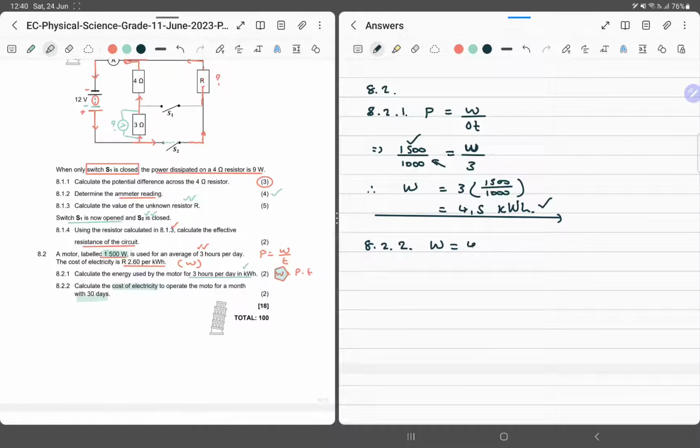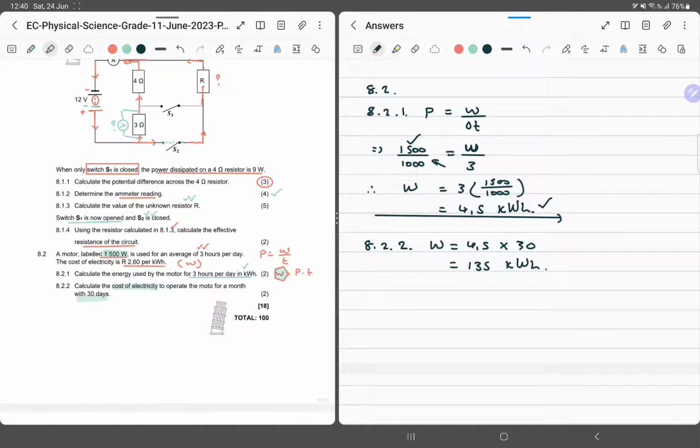So basically it's going to be 4.5 multiplied by the number of days in which we're doing this. So it's going to be 30. So let's see, 4.5 times 30. So this gives us 135 kilowatt times hour. So in 30 days, that's what we're going to get.